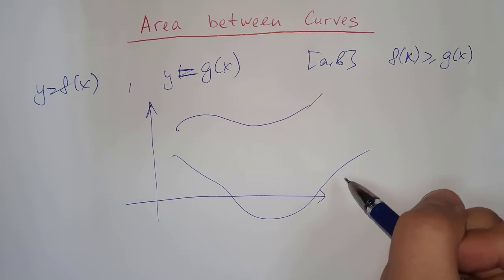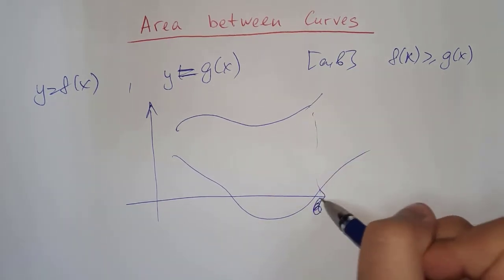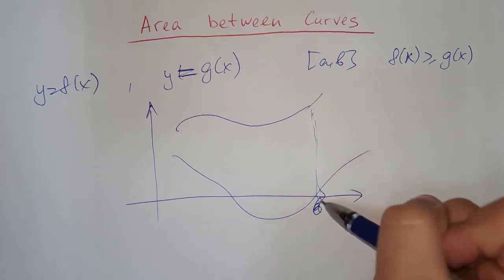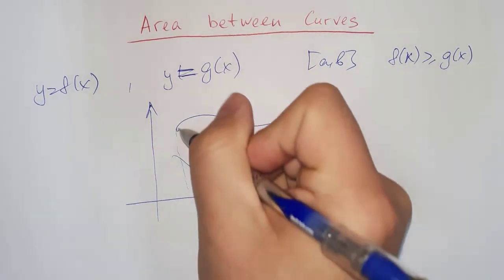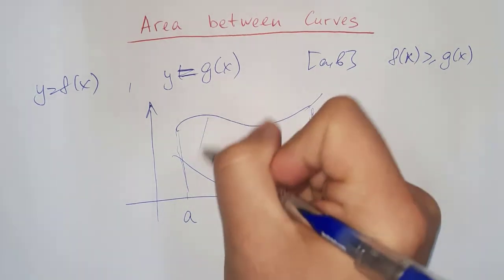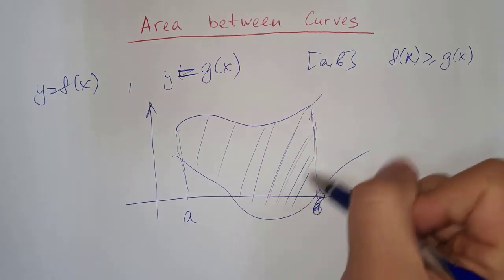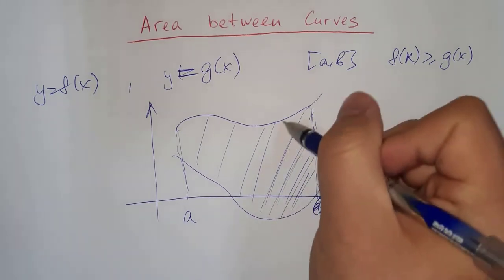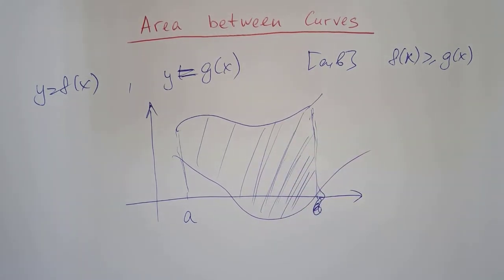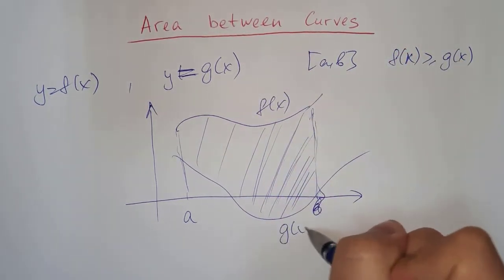So on the interval a, b, we have a region between these two curves. Yeah. And we can find the area of this region. This is f of x. This is g of x.